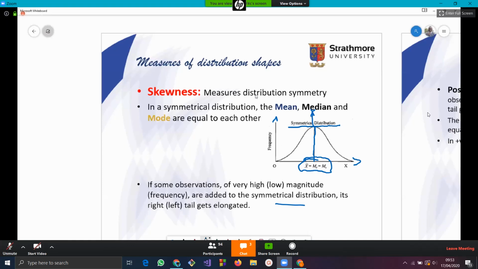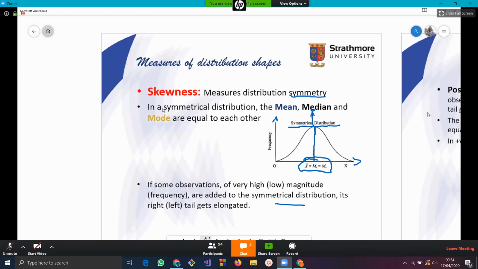So skewness is a measure of the symmetry in a data set. Symmetry is how this thing is flowing. This line is perfectly dividing this half and that half into perfect halves. So skewness is able to measure what the symmetry of a distribution is.